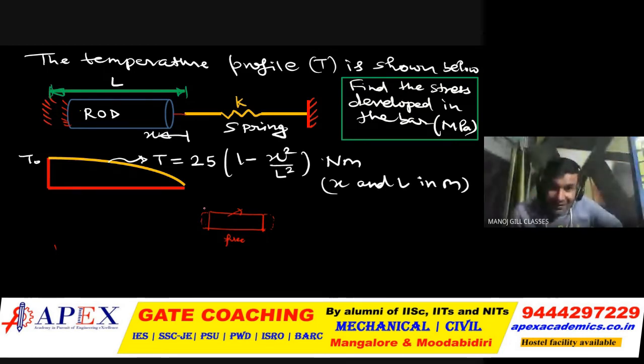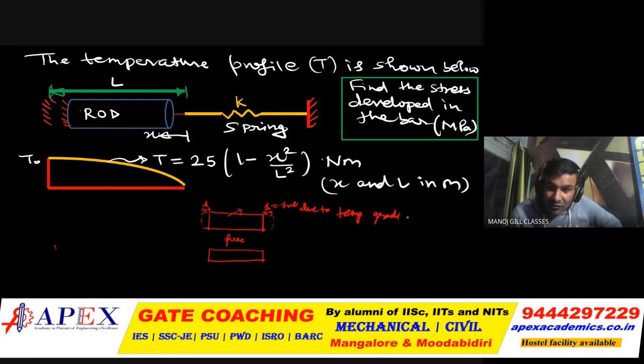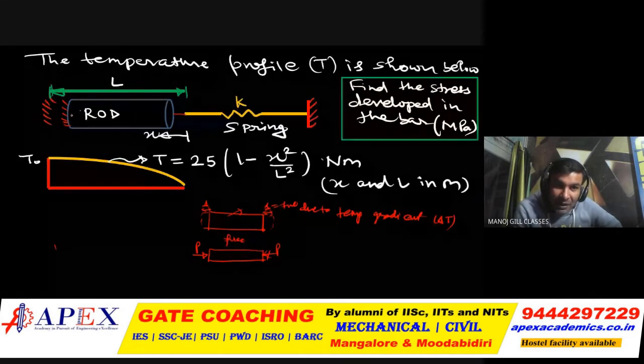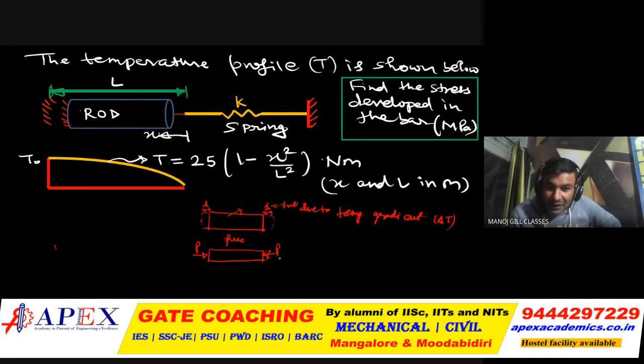Whatever change, let us suppose delta, due to temperature, will be resisted. Due to the temperature gradient this delta is positive. Now due to fixation, let us suppose you apply P as the resistance.